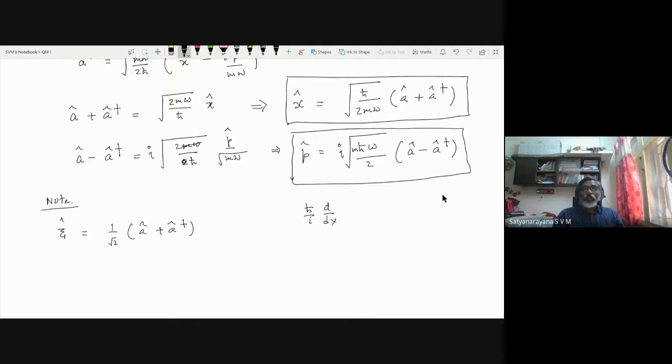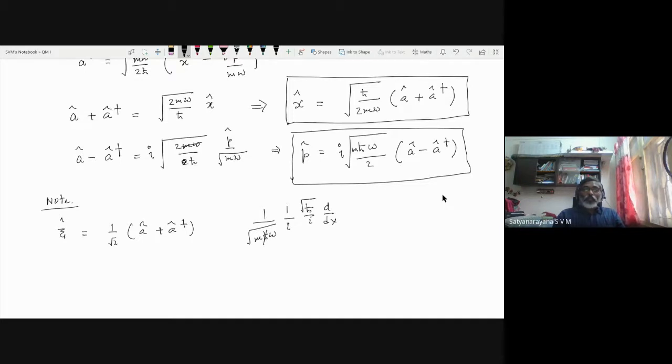Okay, and suppose I bring this m h bar. So let me retain 2 there and bring that i this side. Okay, so let's write 1 by i, and then I have 1 by square root of m h bar omega, and this h bar will cancel with this.